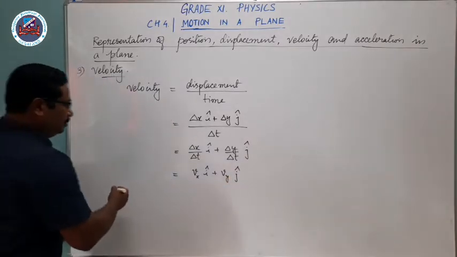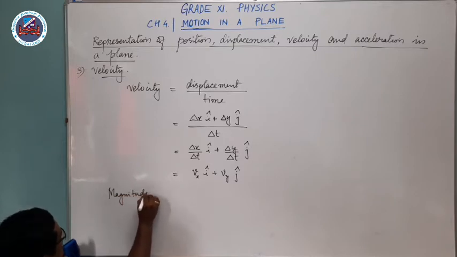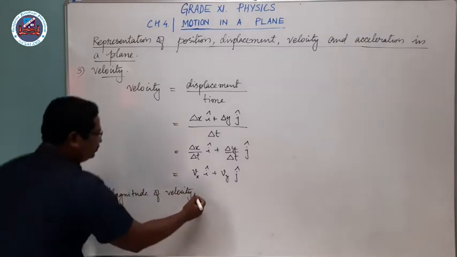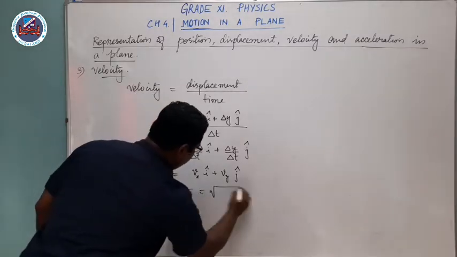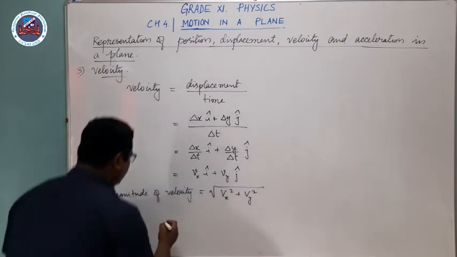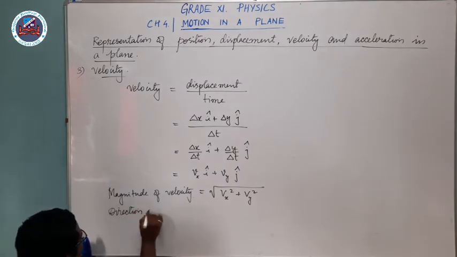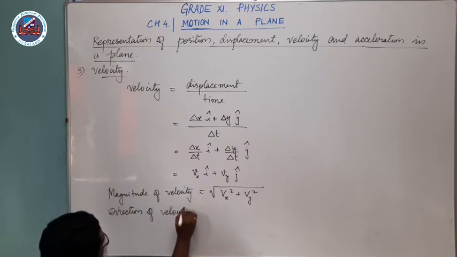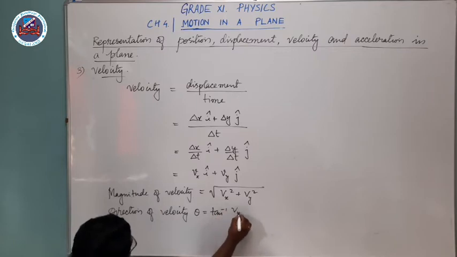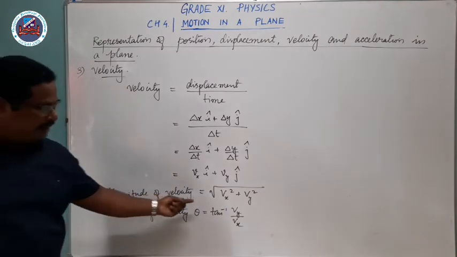Then the magnitude of velocity we can write as root over vx square plus vy square, and the direction of velocity, theta, we can write as tan inverse of vy divided by vx. So this will give you the velocity in a plane.